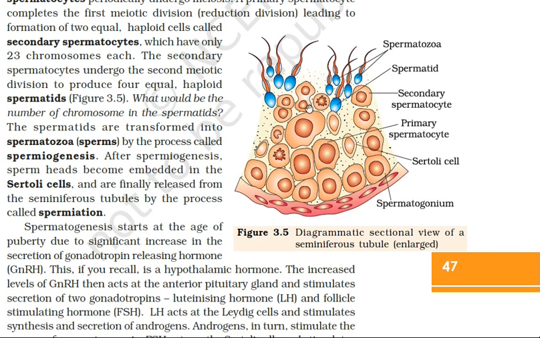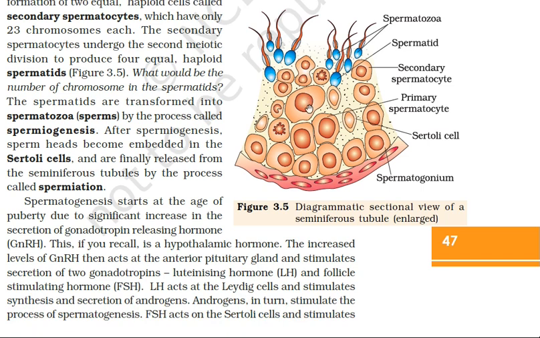This way, I end the explanation of these hormones: the hypothalamus triggers GnRH, the gonadotropin releasing hormone, which acts on the anterior pituitary to release two gonadotropins, LH and FSH.